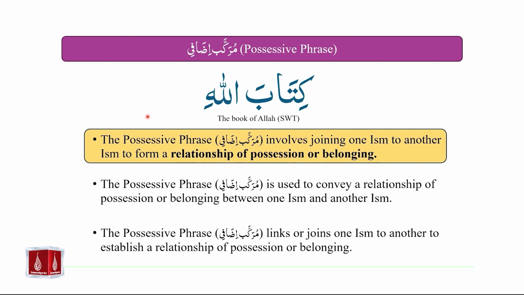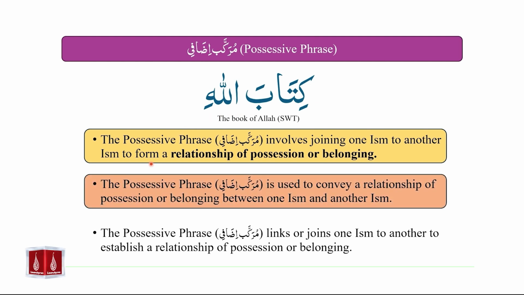The possessive phrase or murakkab izafi involves joining one ism to another ism to form a relationship of possession or belonging. In the case of kitab Allahi, ism kitaba is being related to ism Allahi in the sense that the book belongs to Allah.